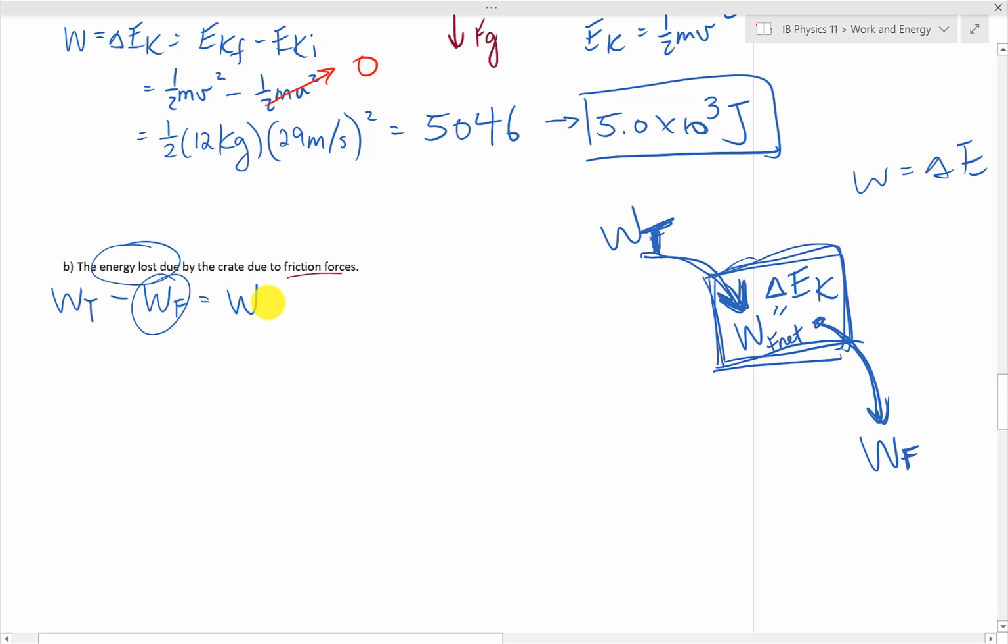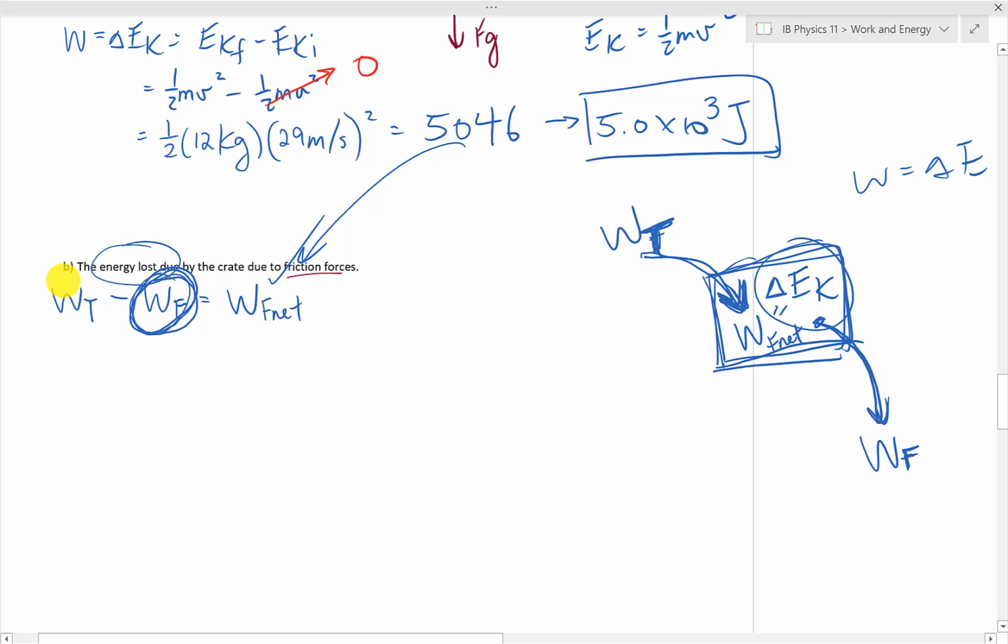In other words, this is my work due to F net. And we have the work due to F net from our previous question, which we already calculated as the change in kinetic energy. So that we have already. What we need to find is this one, the work done by friction forces causing our crate to lose that energy.